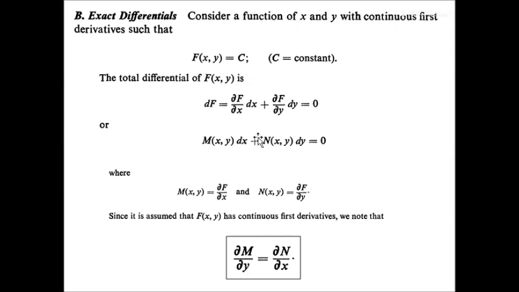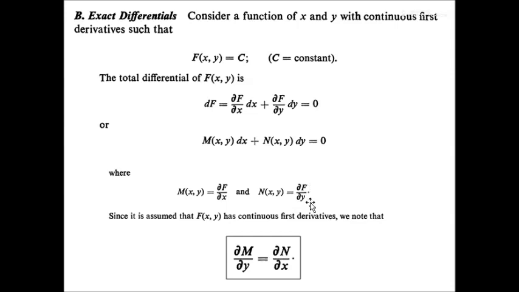So I can write del f by del x as M(x,y) and del f by del y as N(x,y). So M(x,y) into dx plus N(x,y) into dy equal to 0. So M(x,y) equal to del f by del x and N(x,y) equal to del f by del y.